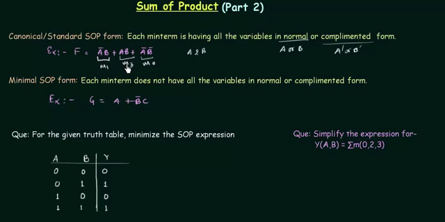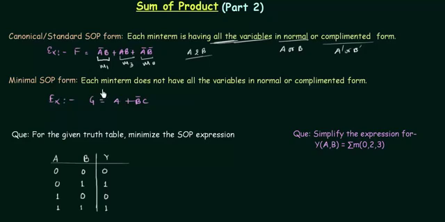In M3 I have a and b in normal form, and in M0 both a and b are in complemented form. So definitely it satisfies our requirement that each minterm must have all the variables in normal or complemented form, and here in all the minterms we have a, b in normal or complemented form. So this is all about the canonical or standard SOP form.